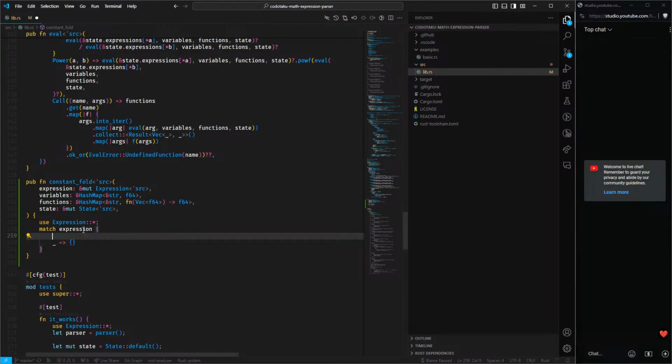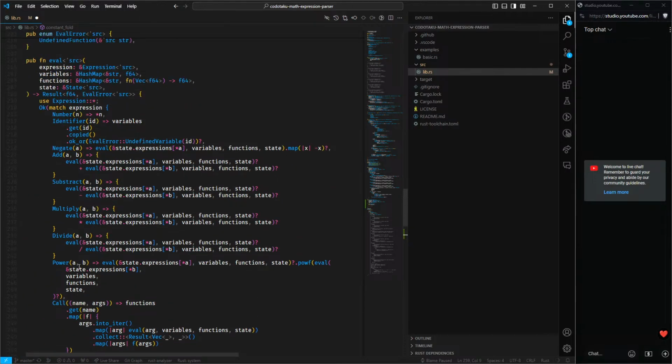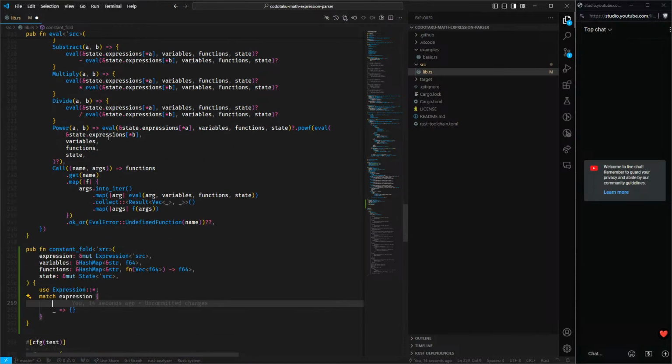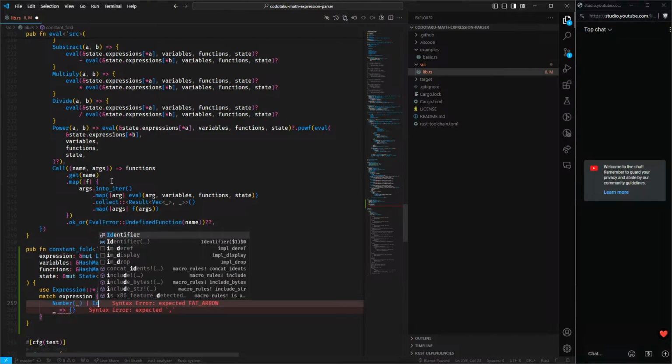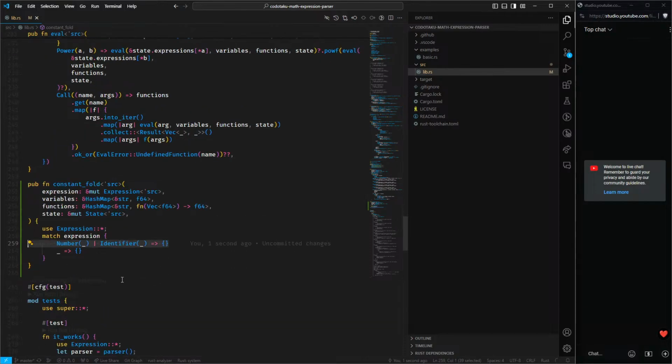But actually, before that, we have to think about our base case, because this is gonna be recursive. Our base case is if you have a number. If you have a number, then you're done. Also, if you have an identifier, then you're also done. We don't care about the value, because we're not returning stuff, we're just mutating stuff if it needs optimization. Otherwise, we just leave it alone as it is. So if we have a number or identifier, we just ignore it.